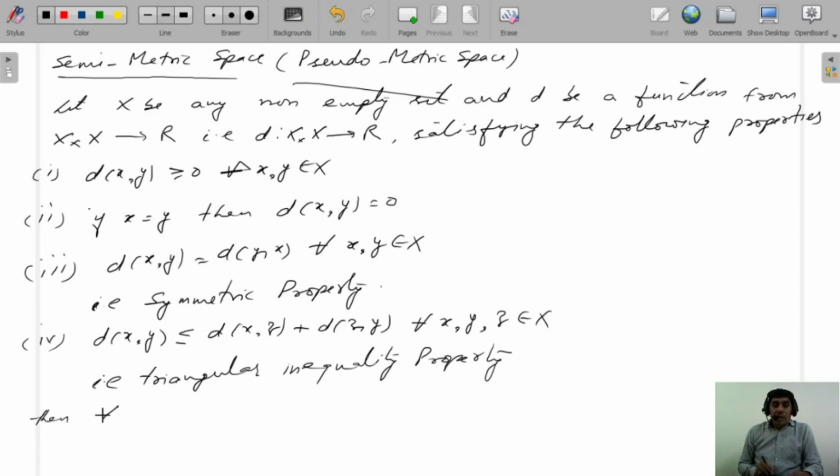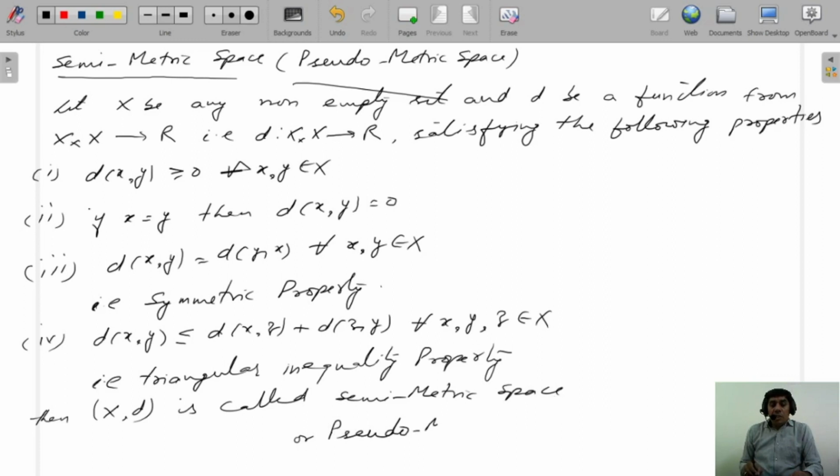Then (X, d) is called semi-metric space or pseudo-metric space. We see there is a minor difference between metric space and semi-metric space.